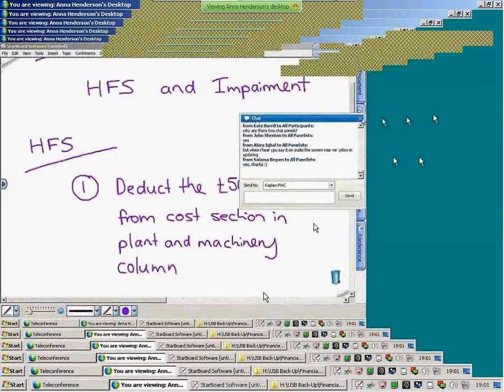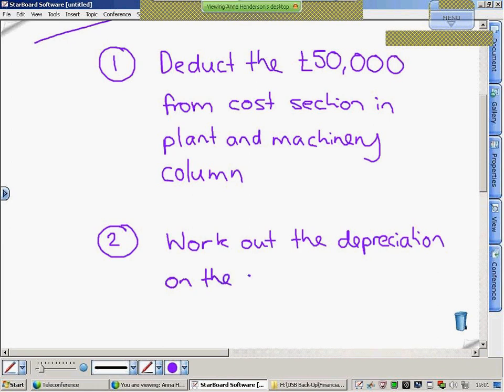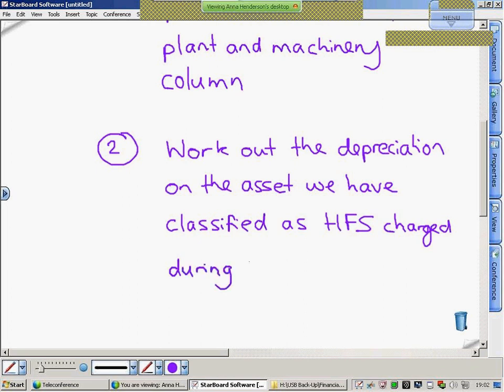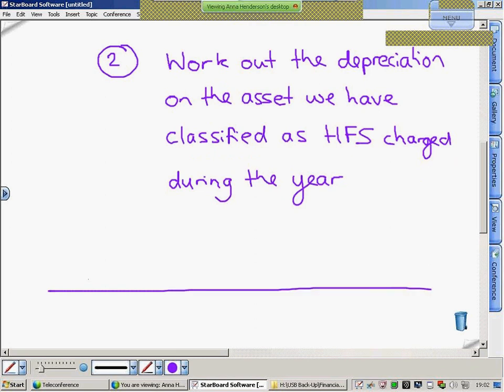Secondly, we are going to work out the depreciation deduction, because we classified this asset as held for sale on the 30th of September 2007.